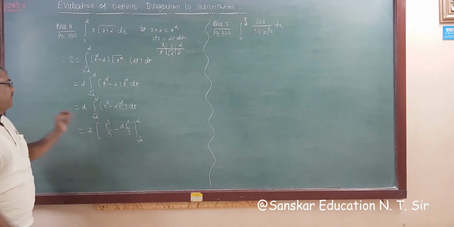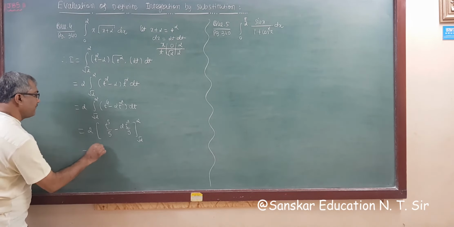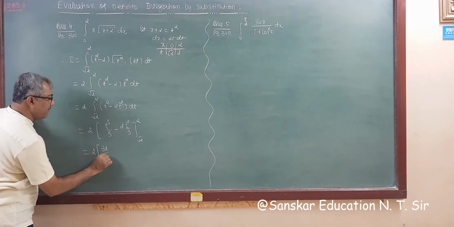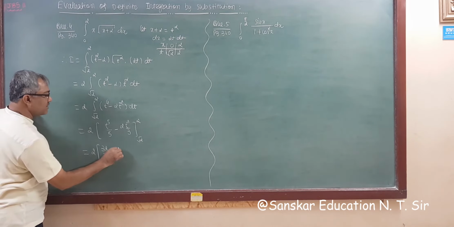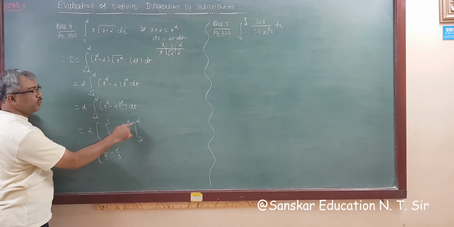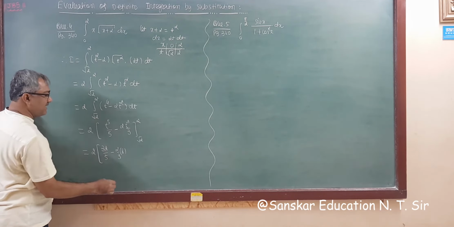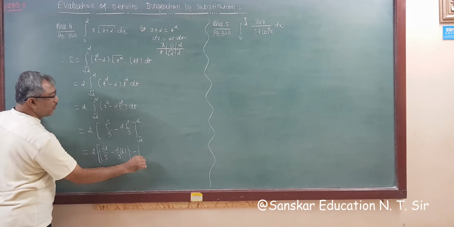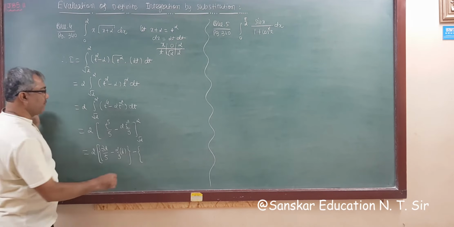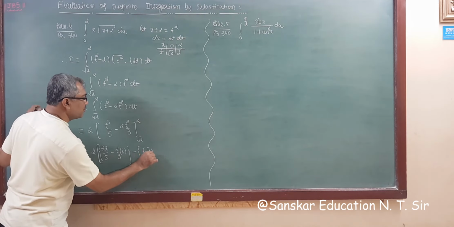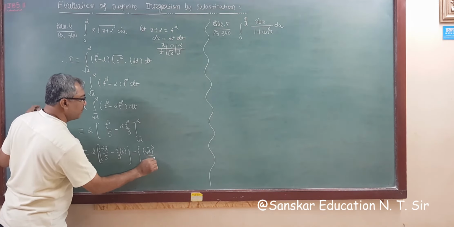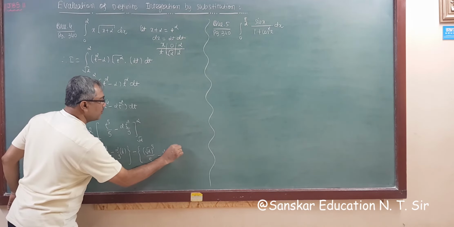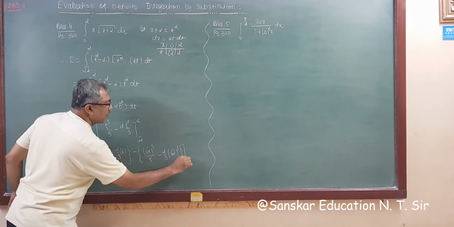So substituting upper limit first, that is 2 times 2 raised to 5 is 32, divided by 5, minus 2 by 3, 2 cube is 8. So this is upper limit, minus lower limit: root 2 raised to 5, divided by 5, minus 2 by 3, and root 2 whole raised to 3. Got it?